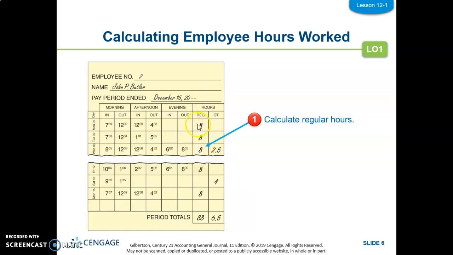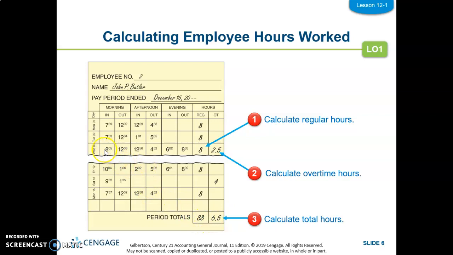Regular hours are every hour worked up to 8 hours in a day, and anything over 8 is considered overtime or OT. When I add all that up, it is my total hours of regular and overtime, which is what I'll use to compute earnings on the next couple slides.